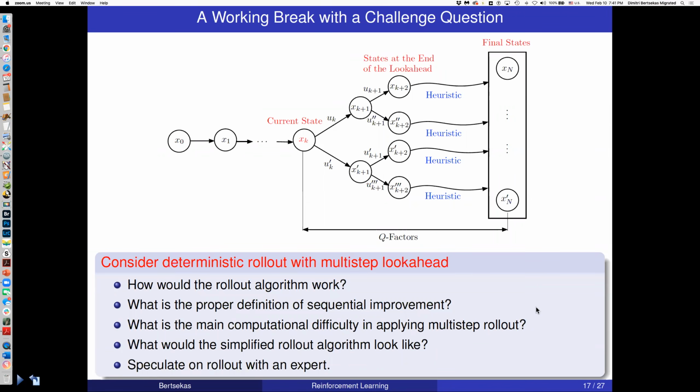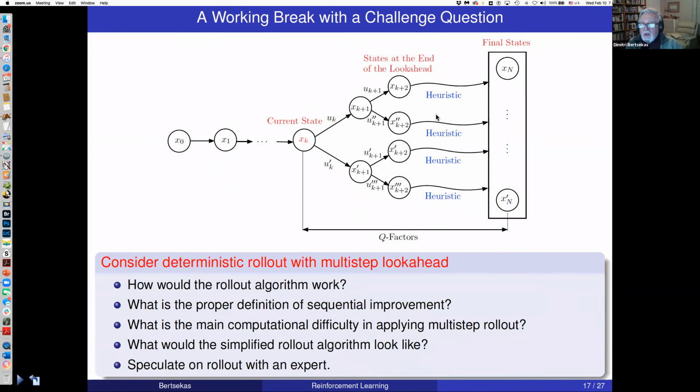And then once we select the one with the lowest Q factor, we only take the first step of the sequence, right? Only xk+1, exactly. And then from that point, we run L steps ahead again, run those heuristics, and do it all over again. We don't take the sequence. We only take the very first step. That's exactly right.